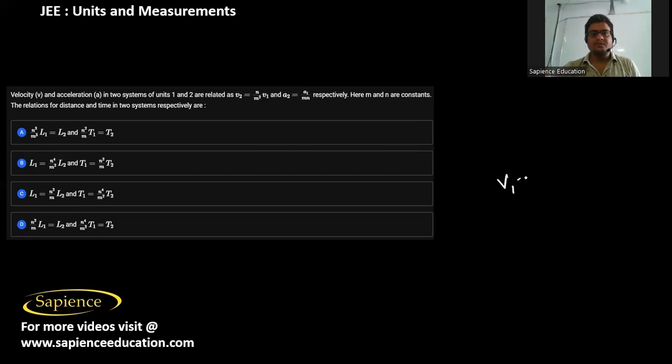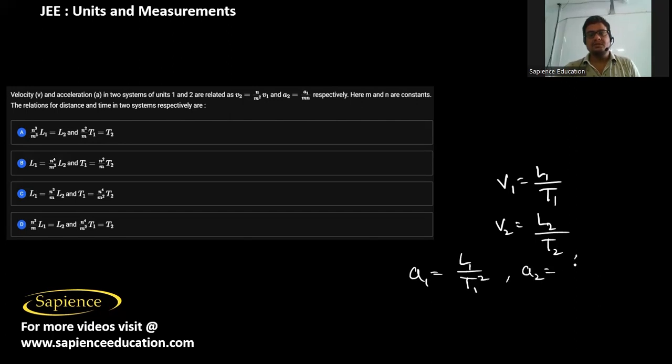As you know, v1 equals L1 by T1 and v2 equals L2 by T2, and acceleration a1 equals L1 by T1 square and a2 equals L2 by T2 square.